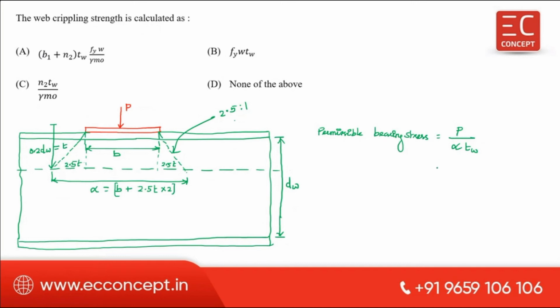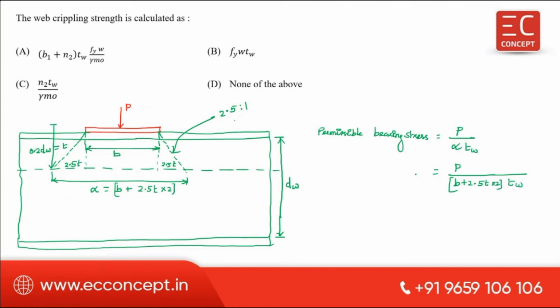Now if you simplify this, P divided by alpha, what is alpha? Alpha is equal to B plus 2.5 T into 2, into TW. So this is the permissible bearing stress.